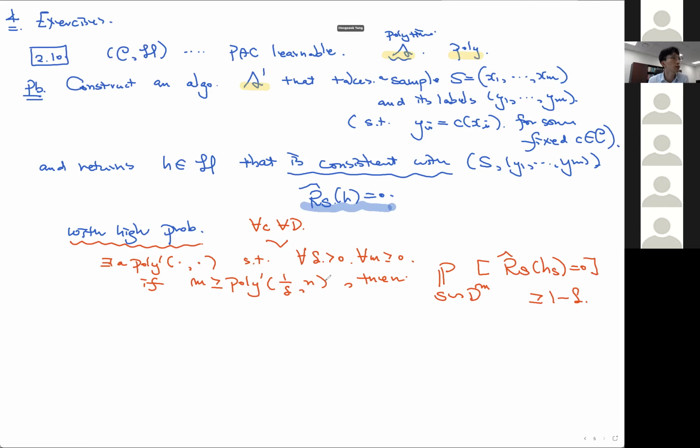Any problem, any required precision, any number of samples greater than the polynomial, then these things work.